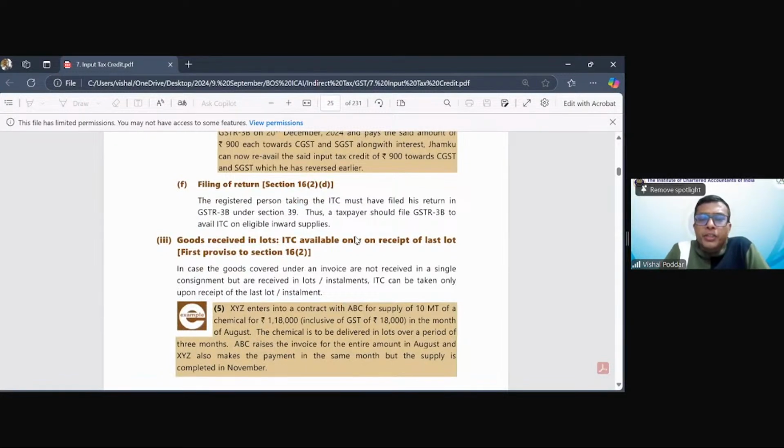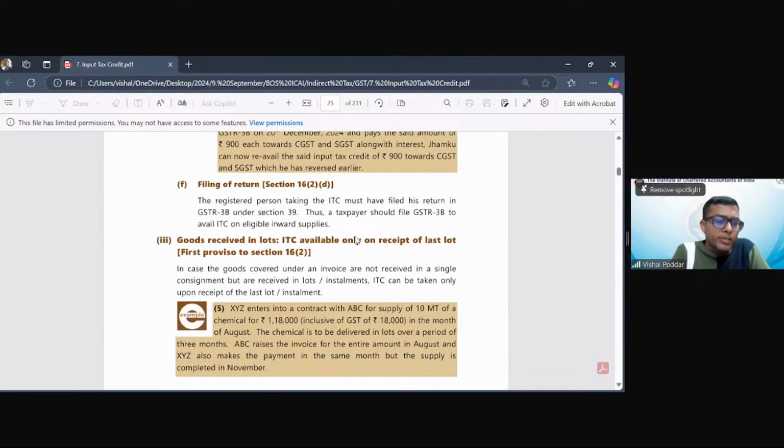And then the last condition, sixth condition is simple. For getting ITC, I should file my return 3B. So why this is important condition? Because I get ITC in my 3B only, or it is through my 3B that ITC comes to my credit ledger. So until and unless I file my 3B, ITC will never come to my credit ledger.